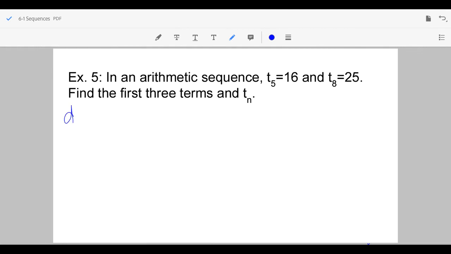In order to find the common difference, we would normally take some term and subtract the previous term, so term n minus term n minus 1. We don't have 2 that are in order because we have term 8 and term 5. So we recognize that from term 5 to get to term 6, then 7, and then 8, we're adding that common difference, in this case adding because the numbers are getting bigger.